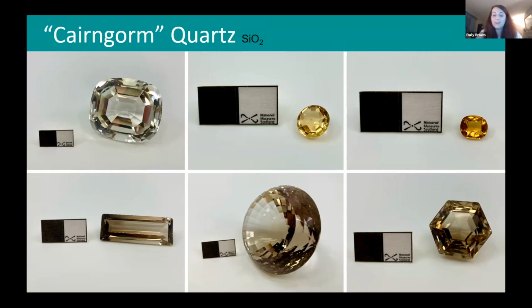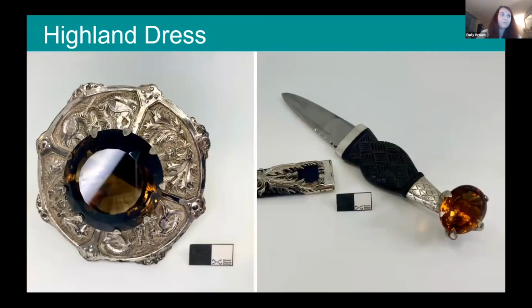And yeah, Cairngorm stones have been said by some to be the national gemstone of Scotland, though I'm not sure how official that is. And this is likely due to the tradition of including these stones in jewellery associated with Highland dress. So these are a couple of examples we have in our systems collection. And during the 1800s, there was a big boom in the demand for Scottish jewellery like this.